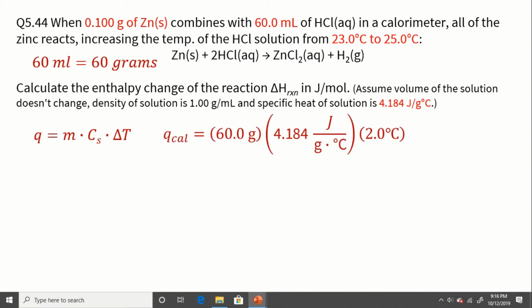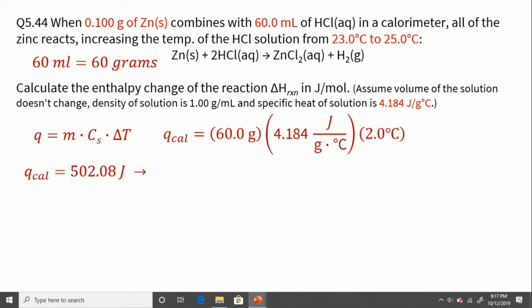So 60 grams of water, the specific heat of water is 4.184 joules per gram times degrees Celsius, and I go through a temperature change of 2 degrees Celsius. So the water in the calorimeter absorbed about 502 joules of energy.